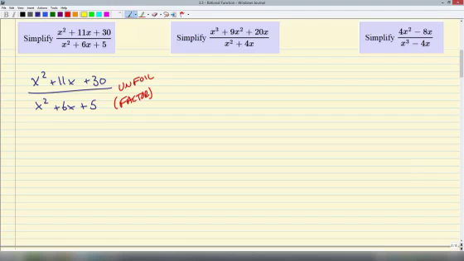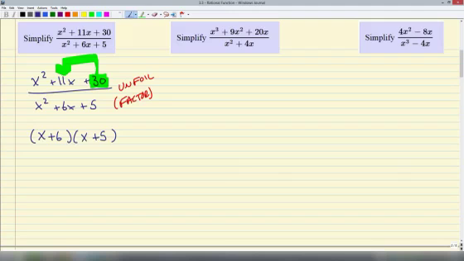Take the first one: we can break that into two monomials, an x and an x. Now you have to play this little game in your head where you look at factors of 30: two numbers that multiply to give you 30, whose sum is 11. 6 and 5. So we're going to say x plus 6 and x plus 5.